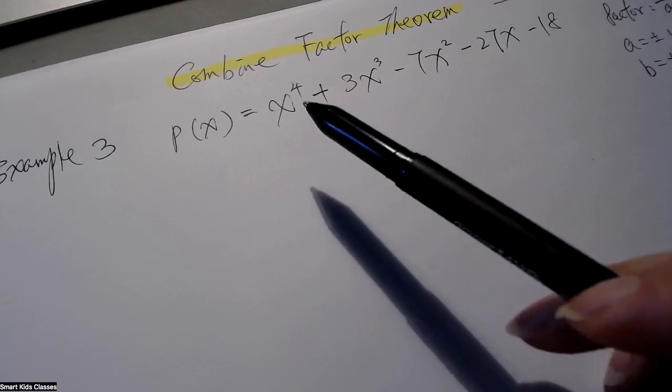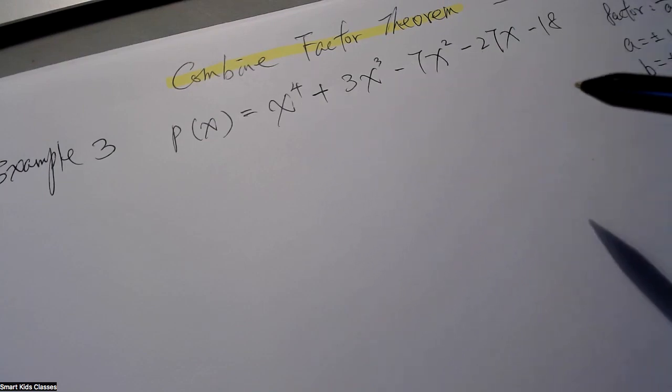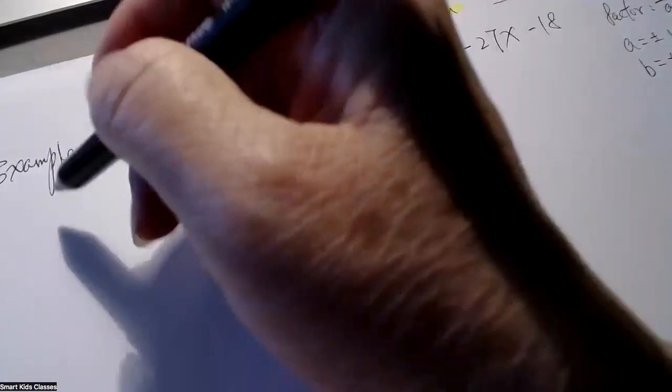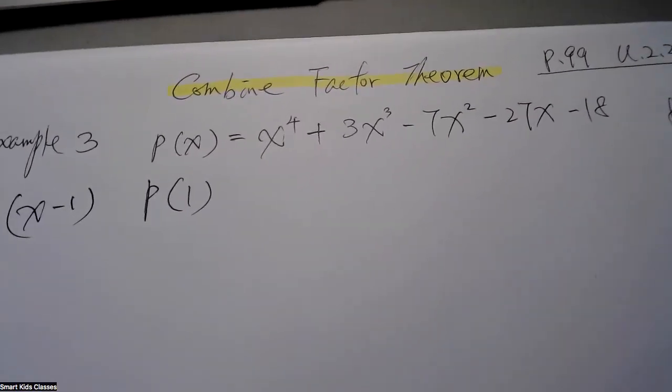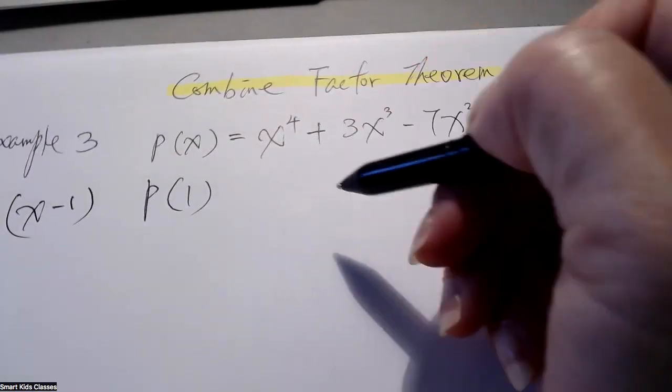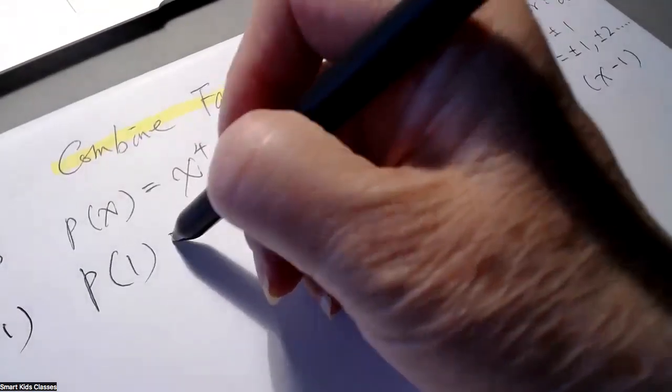Why do I try x minus 1? Because the 1 with exponent 4 gives a positive. So let's try x equals 1, that's x minus 1, and then we plug in. I put the camera a little bit over this side, easy to read.